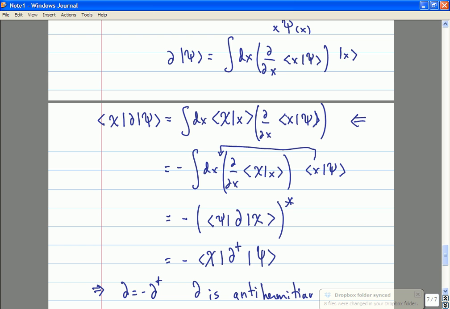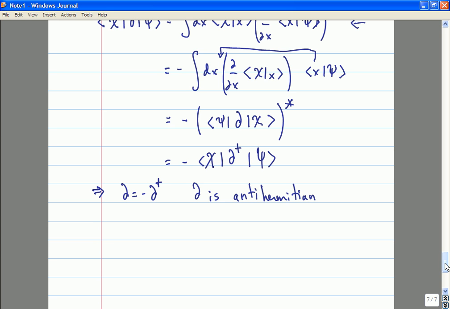And so one can define an operator which is Hermitian, and therefore a candidate for a good observable, by multiplying delta by I. And we conventionally include a factor of h bar to give this quantity units of momentum. And this, of course, is the momentum operator.